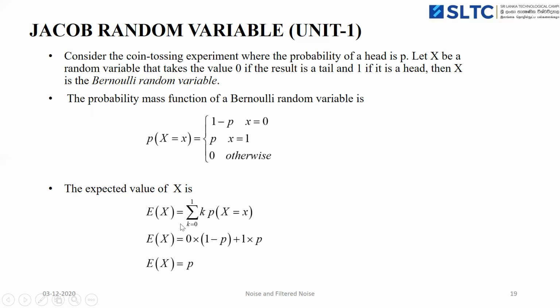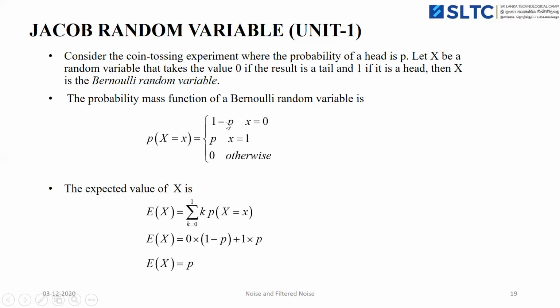That is, expectation of X equal to summation k varies from 0 to 1 of k into P of X equal to k. By putting k equal to 0 and k equal to 1, we can expand this mean value expression. Because k equal to 0 means the result of the experiment is tail, so 0 into 1 minus p, right?